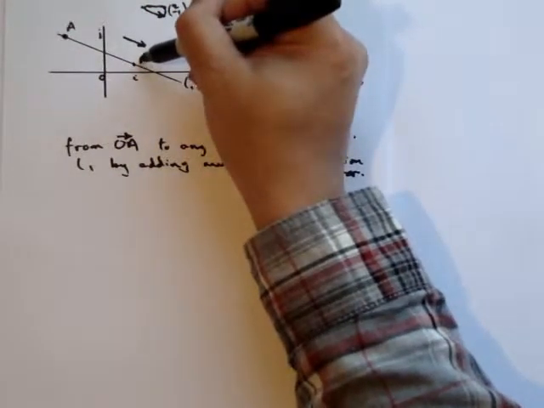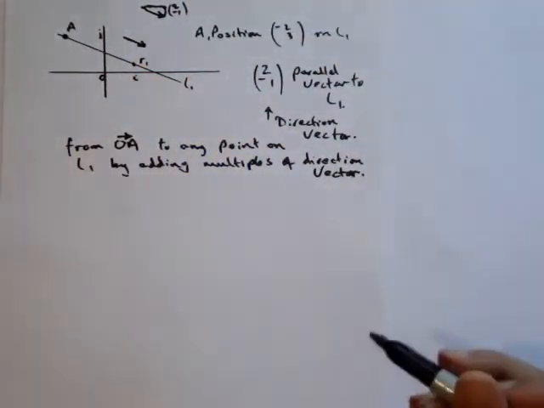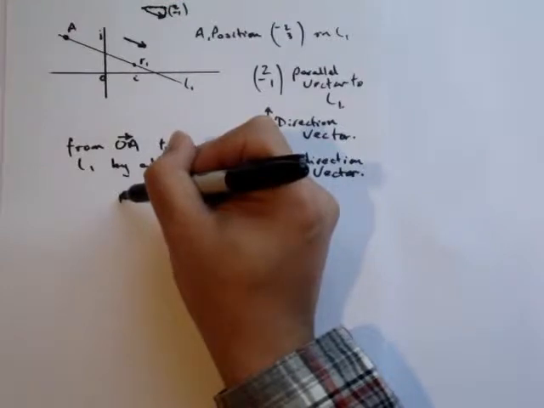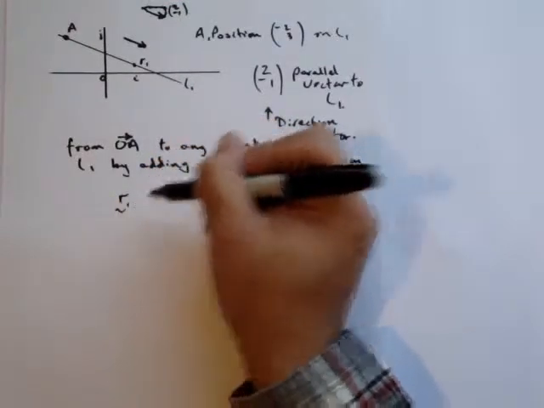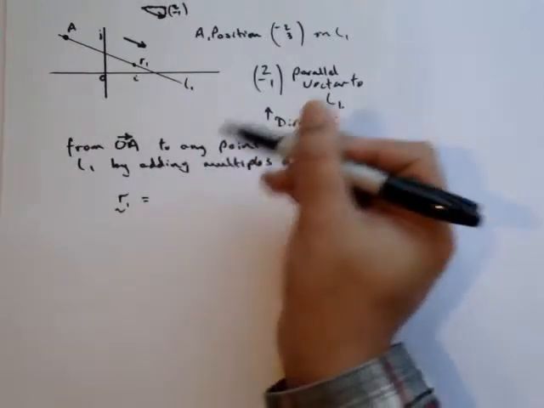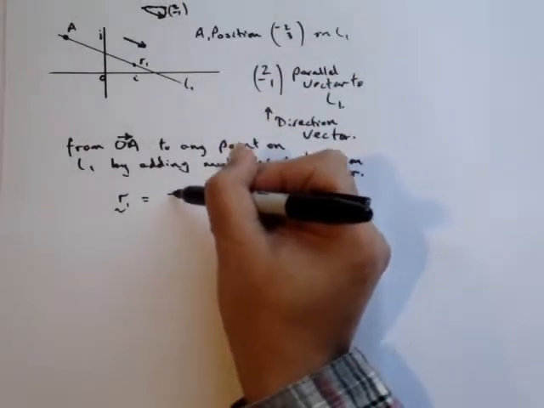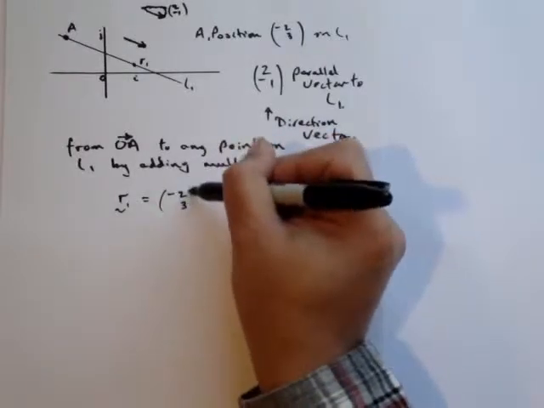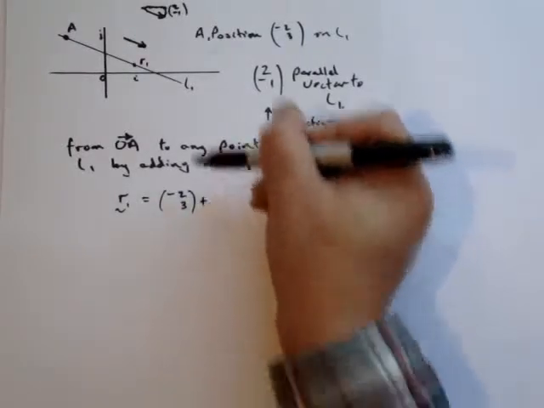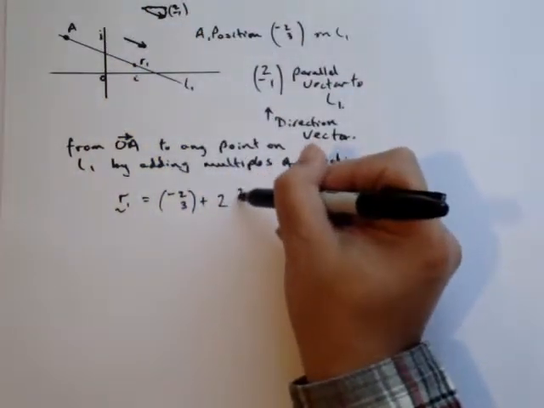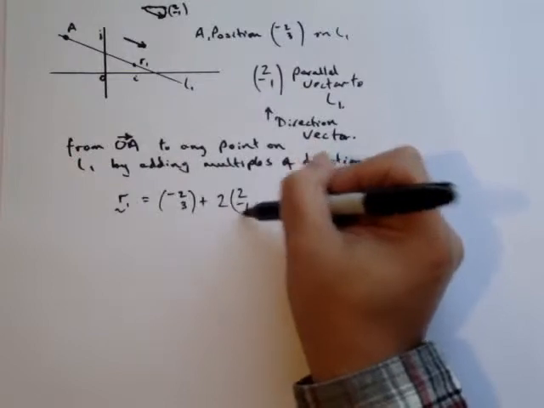So if we label that R1, R1 equals the position vector (-2, 3) plus, and we said we're adding the direction vector twice, 2 times (2, -1), and that's the direction vector.